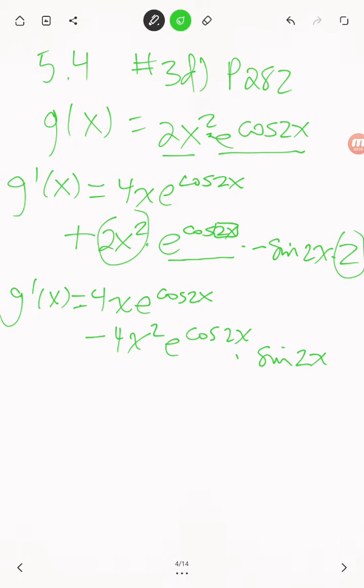So you can either leave it like that, or you may want to take the next step, which would be to factor out the greatest common factor from the two terms, which is 4x e to the cos, again, you see what I did there? Again, I didn't make this clear that it was an exponent. So very easy mistake to make.